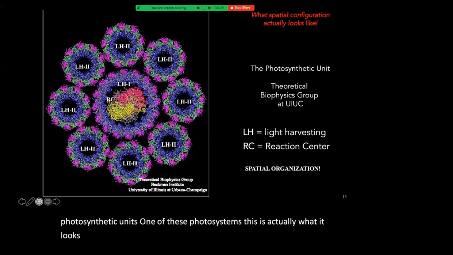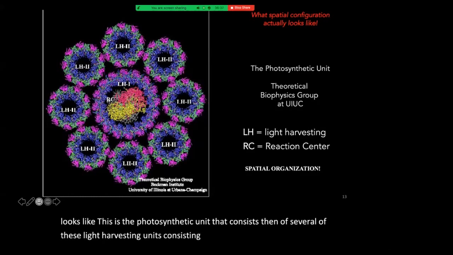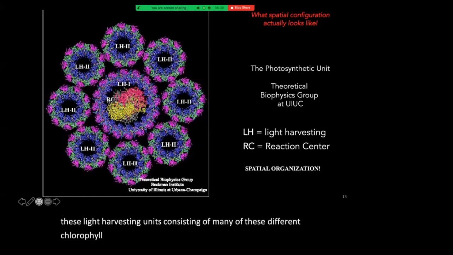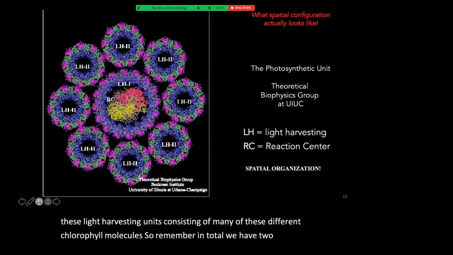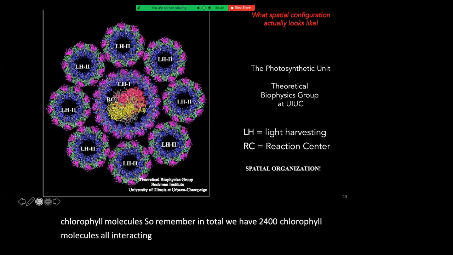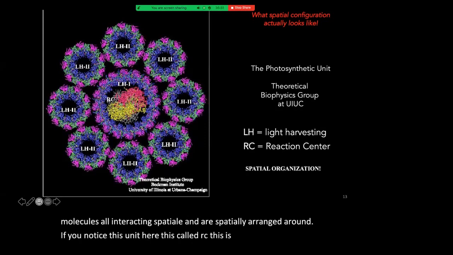This is the photosynthetic unit that consists of several of these light harvesting units made of many different chlorophyll molecules. Remember, in total we have 2,400 chlorophyll molecules, all interacting spatially, arranged around this unit here, called RC, the reaction center.